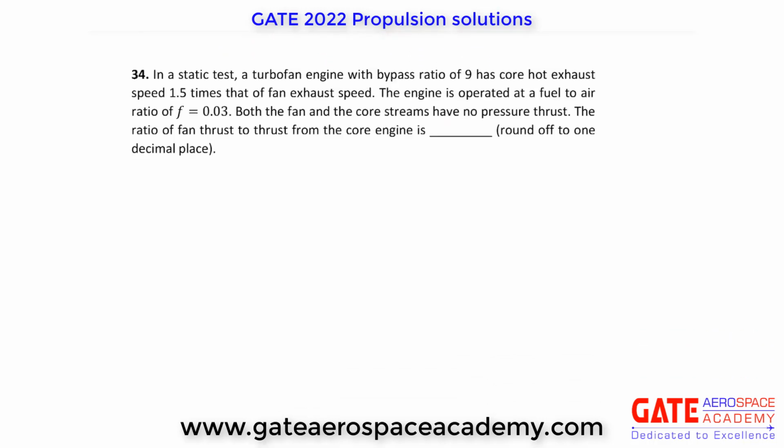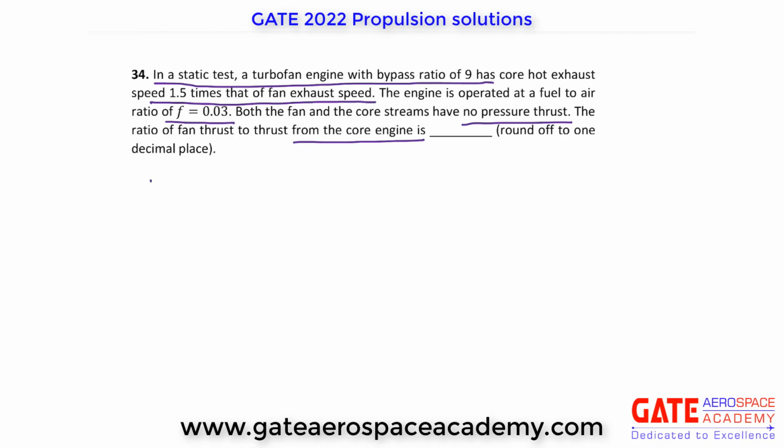Question number 34. In a static test, a turbofan engine with bypass ratio of 9 has core hot exhaust speed 1.5 times that of fan speed. The engine is operated at a fuel to air ratio of F is equal to 0.03. Both the fan and the core streams have no pressure thrust. The ratio of fan thrust to thrust from the core engine is.